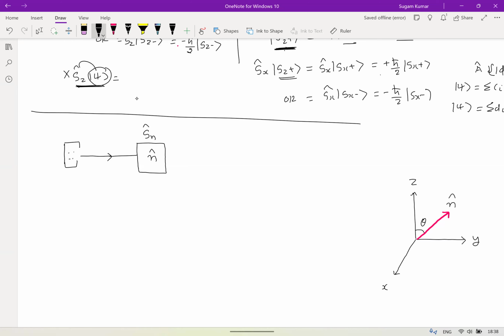So what will be the situation if you have this condition? Are you following what I'm trying to show here? The meaning of this direction? Yes, sir. Good. We are just taking some arbitrary direction.